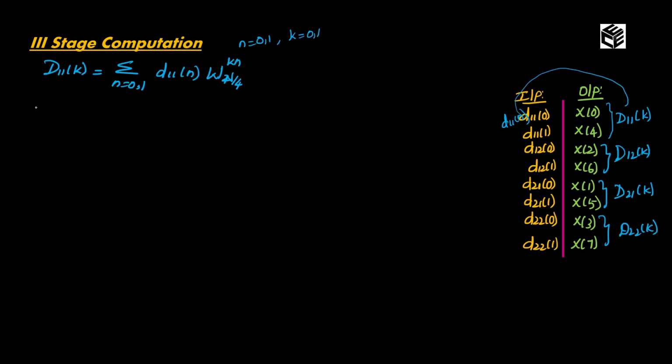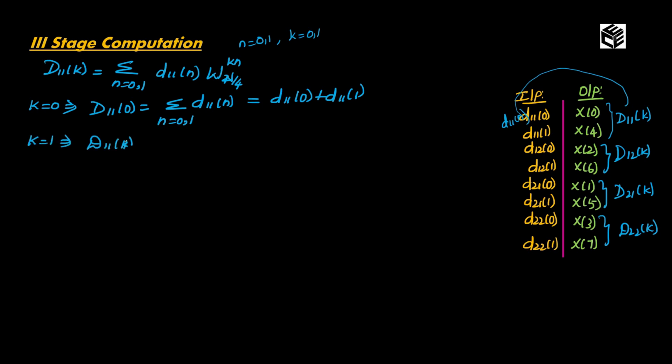Now I am going to apply the value of k as 0 to this expression. I will get d11 of 0 is equal to summation n equal to 0, 1 d11 of n, where the value of k is 0, so this complete term will become 0. On expanding this I will get d11 of 0 plus d11 of 1. Now I am going to apply the value of k as 1, so I will get d11 of 1 is equal to summation n equal to 0, 1.